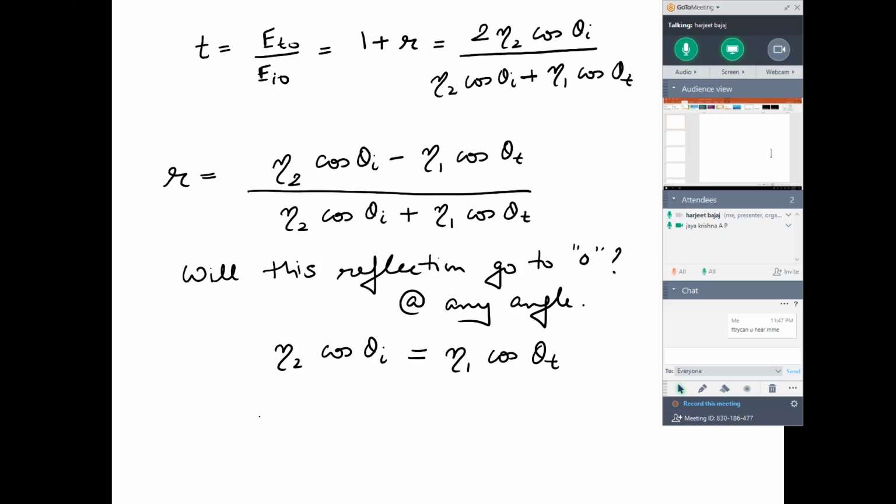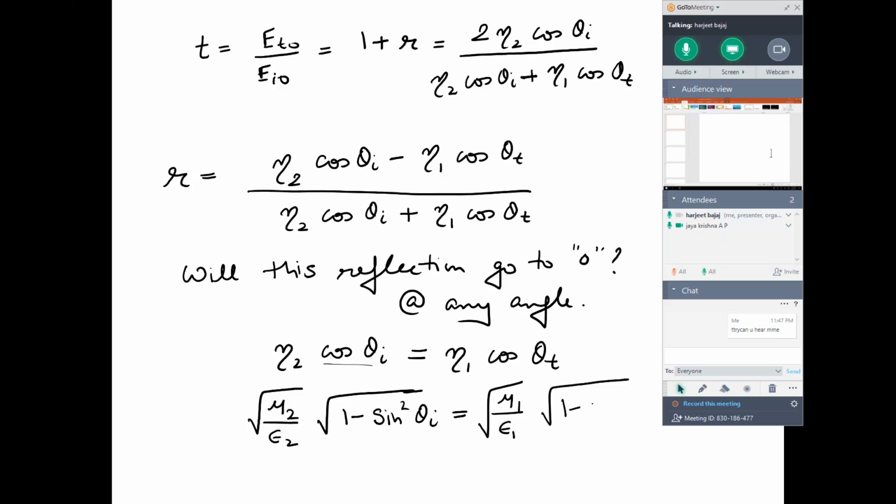η₂ we know is square root of μ₂ by ε₂, just writing it in general, and cos θᵢ I can write, because my function is in sine form, as square root of 1 minus sin² θᵢ. My Snell's law is in sine form, so I better convert it back into sine. η₁ would be square root of μ₀ by ε₁, square root of 1 minus sin² θₜ.